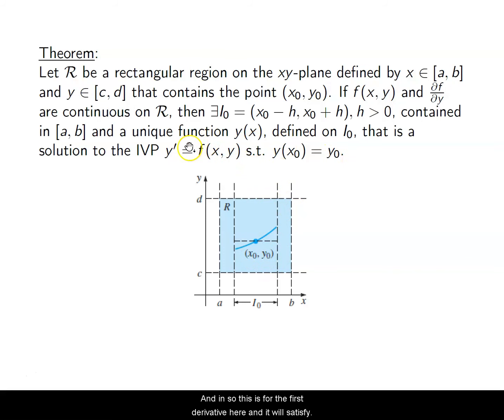This is for the first derivative here, and it will satisfy this point that I'm looking at, right? We will extend this later on. Let's say I had the third derivative, I would need my function and the first derivative to be continuous, and the second derivative to be continuous at that point or over this region, and have inputs and outputs as well, okay?